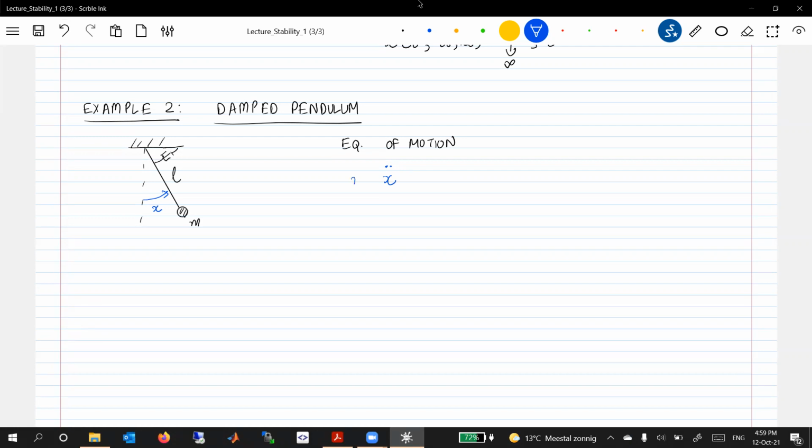And the moment of inertia of this mass would be m times L square, which provides us the equation of motion. C is the damping constant, which is associated to this damper, which multiplies linearly with the damping. And then there is the restoring force due to gravity, which would be mg.